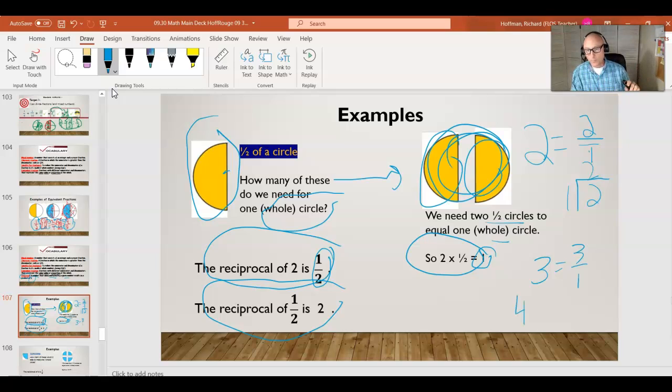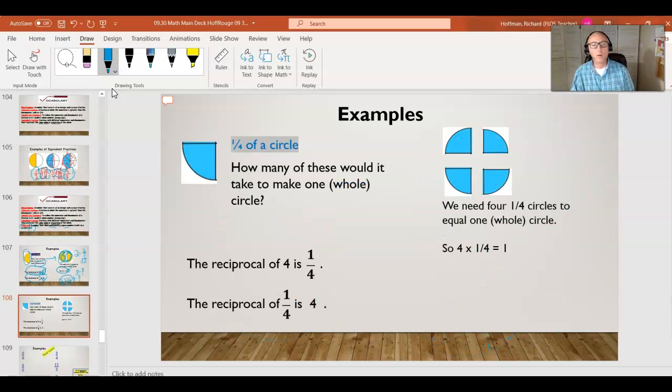What about 4? 4 over 1. What about 3,271? Well, that would be 3,271 over 1. Same thing, they're equal. Put a 1 over this, and you're just flipping them. The reciprocal is flipping.